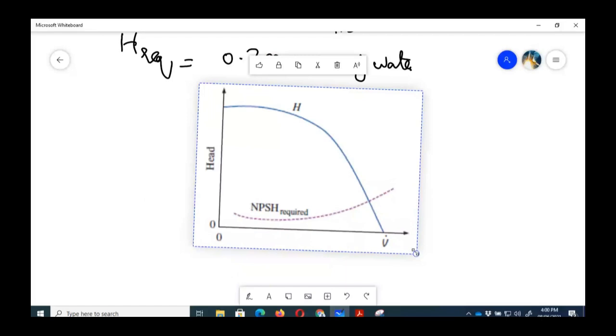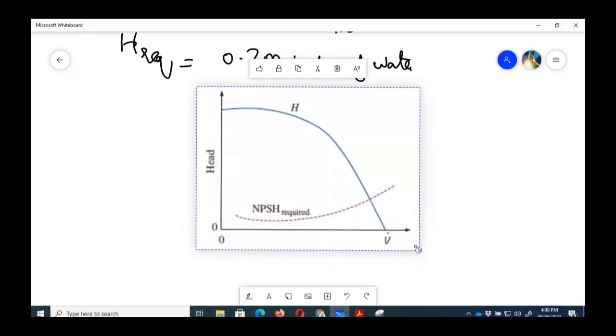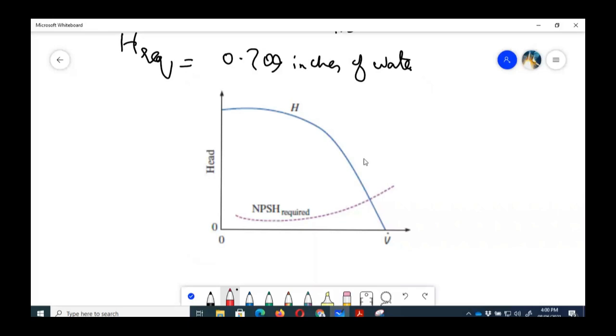The point where they intersect is the point beyond which, if we increase the volume flow rate, the available head is less than the net positive suction head required to avoid cavitation. Here we would see the danger of cavitation, because at the higher volume flow rate on the suction side, the pressure should be decreased, right?